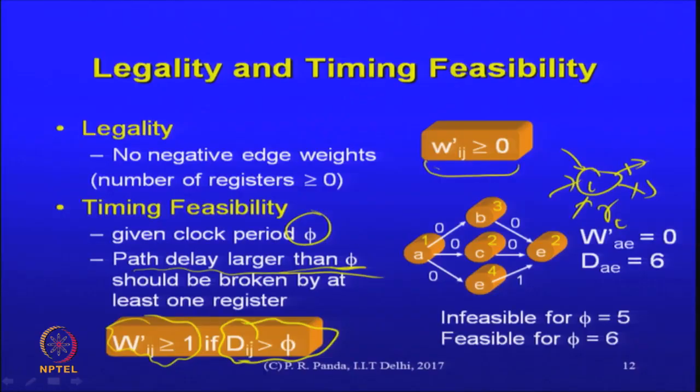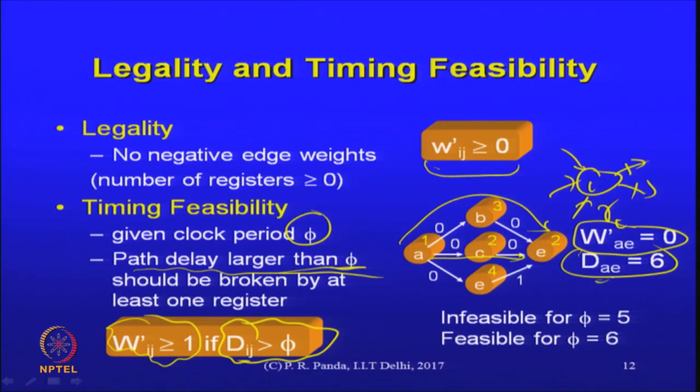Okay, so in that example we had, this path has a weight 0, this path has a weight 0, this path has a weight 1. So this is 0 because that is the minimum of the path weights. For those we enumerate the path delays: 1 plus 3 plus 2, so DAE is 6.